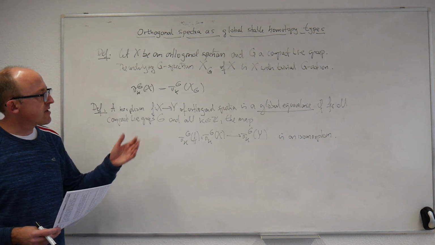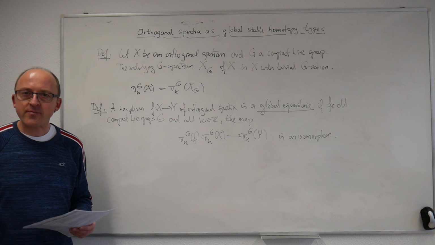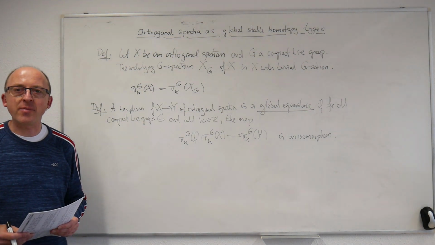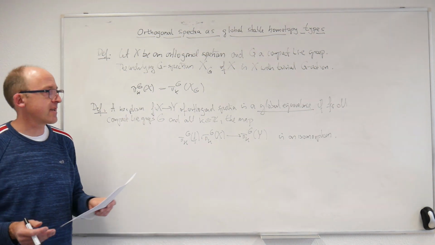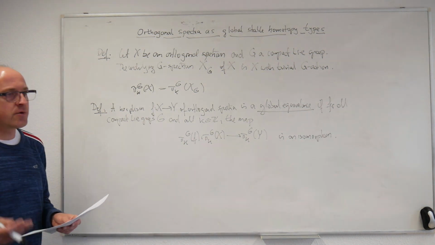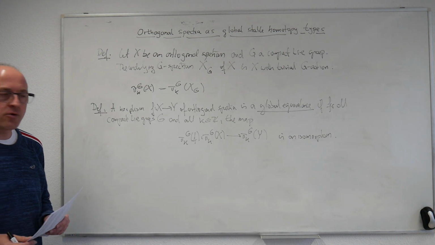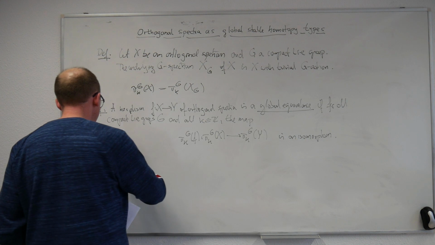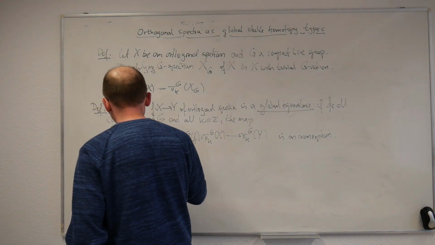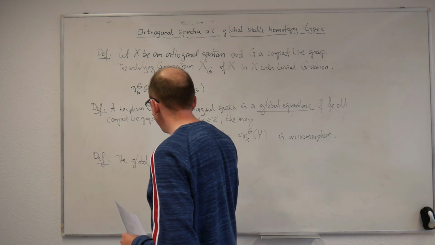Good, so now we have this notion of equivalences, and as we did with the pi_* isomorphisms of orthogonal G-spectra, we might want to localize them in some sense. So let's first do the brutal one, categorical localization, and this defines the global stable homotopy category.